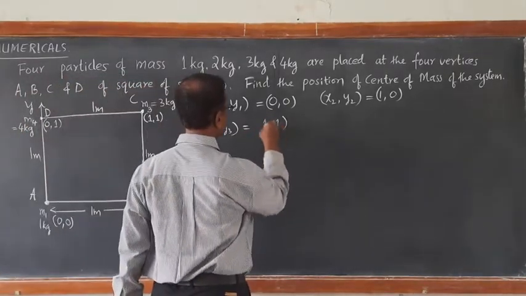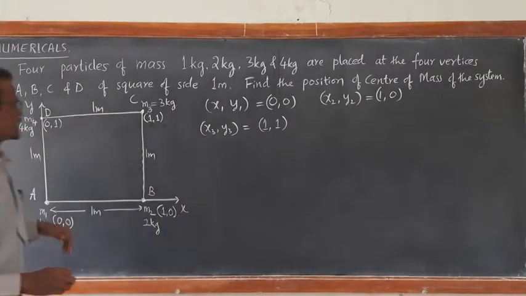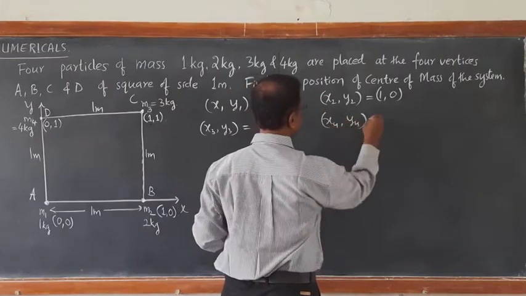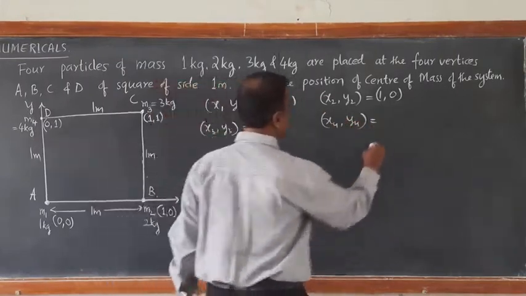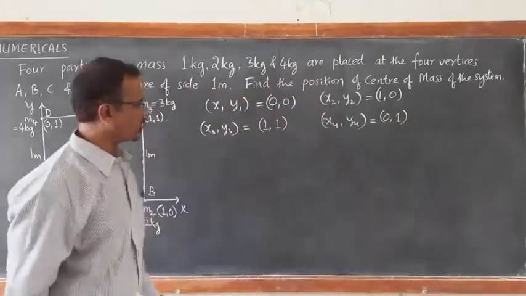Third particle, x coordinate also 1, y coordinate also 1, and x4, y4 corresponds to 0, 1, where 0 is the x coordinate and 1 is the y coordinate.